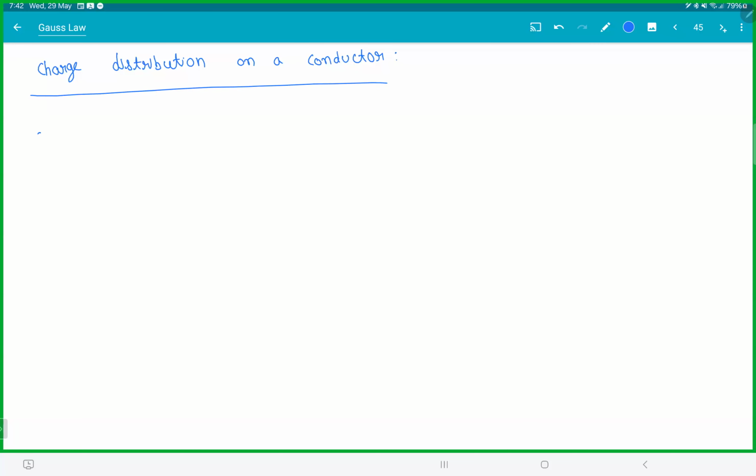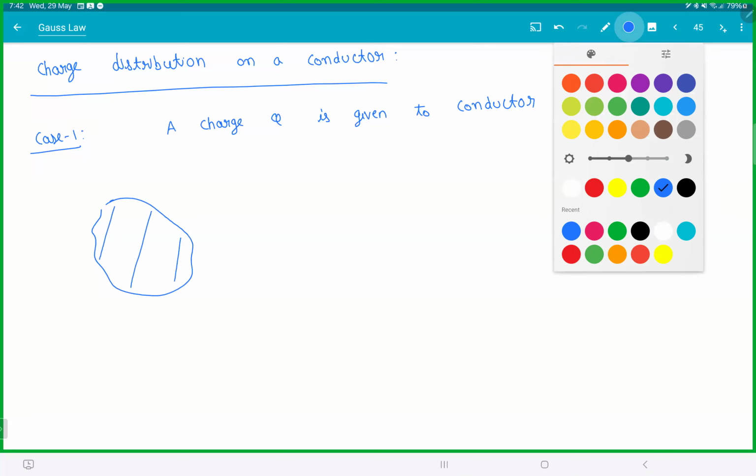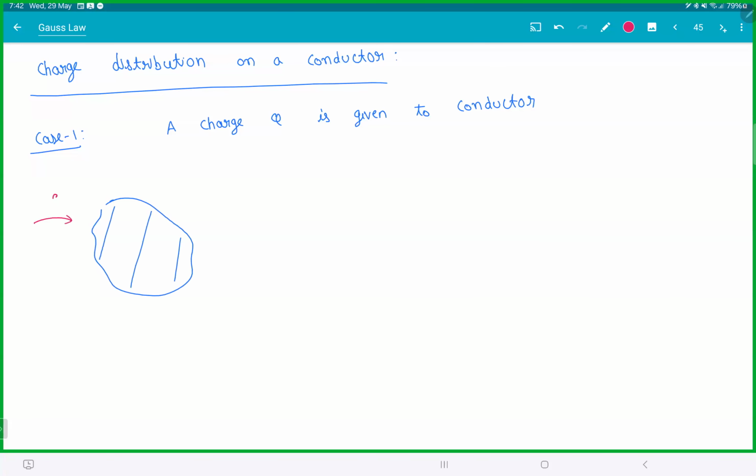Case 1. Charge is given to a conductor. So if you have a conductor and if you give charge Q, how does this charge distribute? Let's say someone gave charge Q. In this conductor, consider a Gaussian surface.